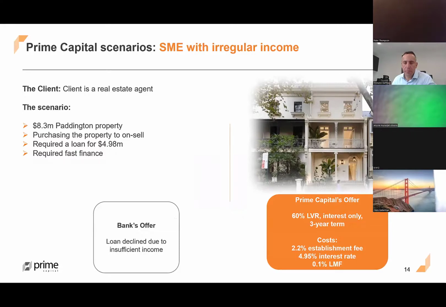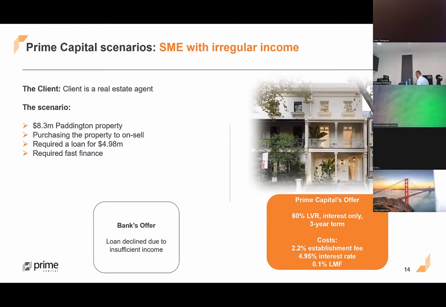He works on commissions, so it was very hard for him to demonstrate any servicing with the banks. Also, there was a big time constraint because this was a really good opportunity for him. He required fast finance. He literally needed to settle within 5 business days. So he came to us.